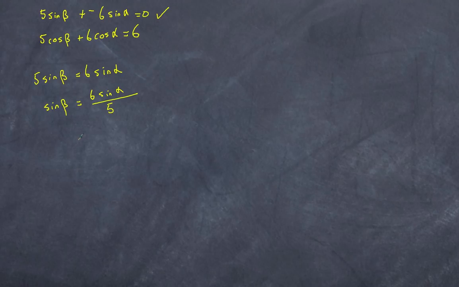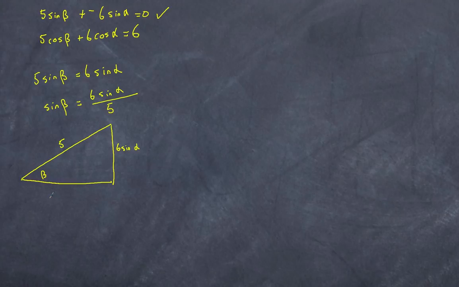Now, if I draw a triangle and make this angle equal to beta, then I have 6 sine alpha over here and 5 over here. And of course, I can then work out what this is.